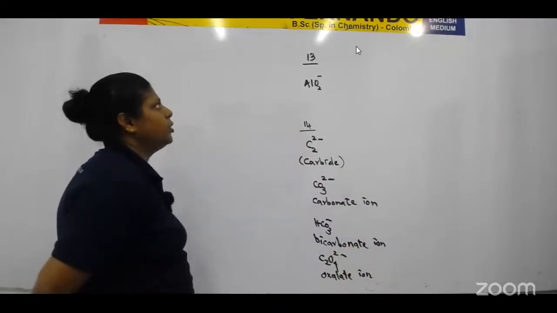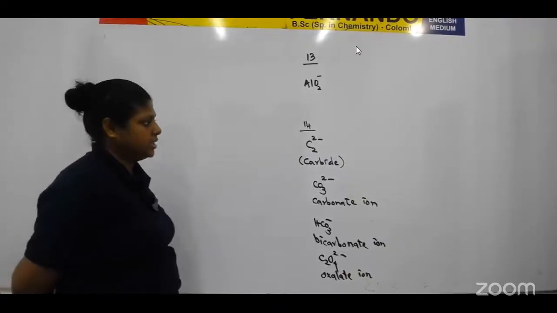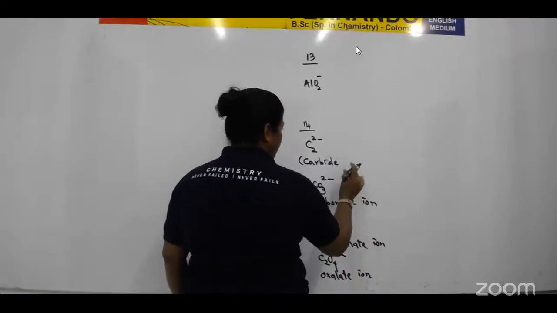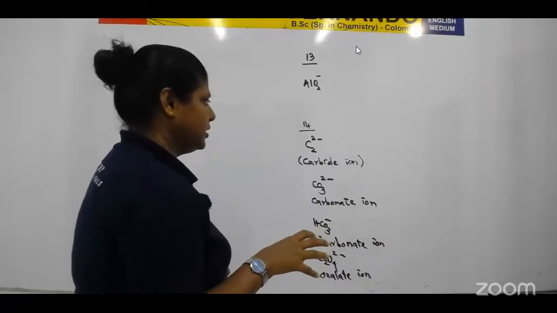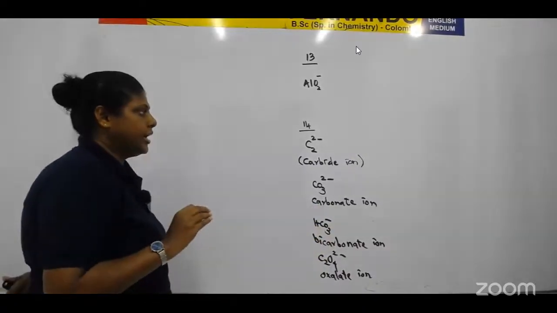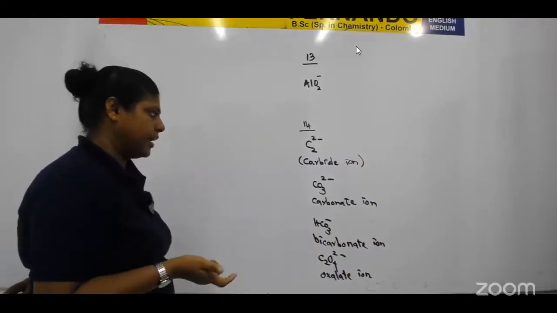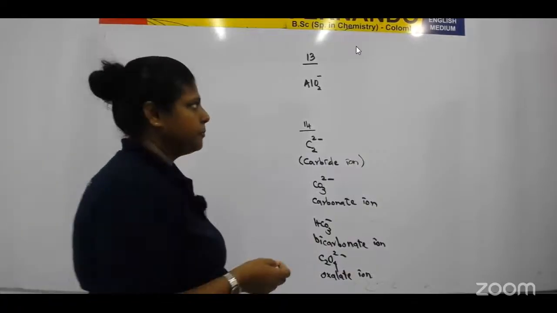So in group 13 we have aluminate, and in group 14, carbide, CO3 2 minus carbonate, all formed by carbon. The element that we have in our syllabus is carbon. Anions formed by carbon: the first one is carbide, second carbonate, third bicarbonate, and the fourth oxalate.